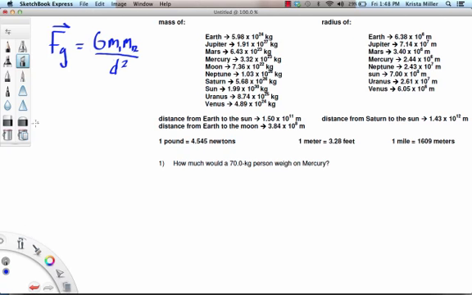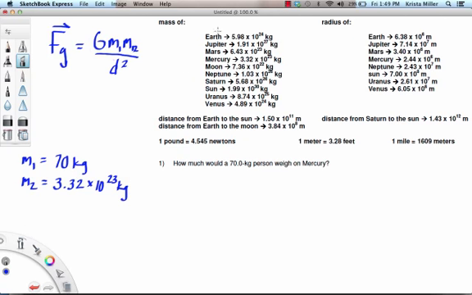This tells us the mass of the first object, the person, is 70 kilograms. The mass of the second object in this case is Mercury. If you go up here to Mercury's mass, you see it's 3.32 times 10 to the 23rd kilograms.